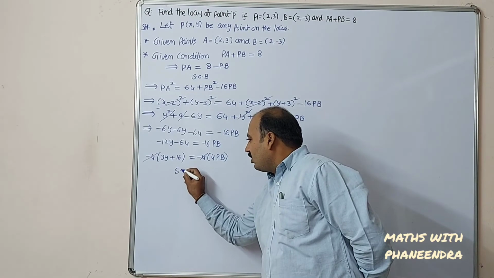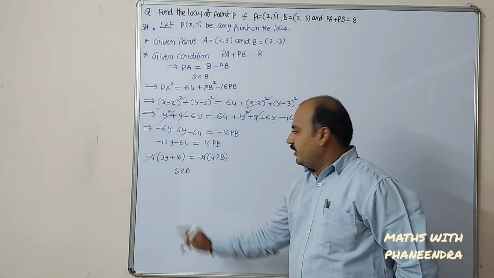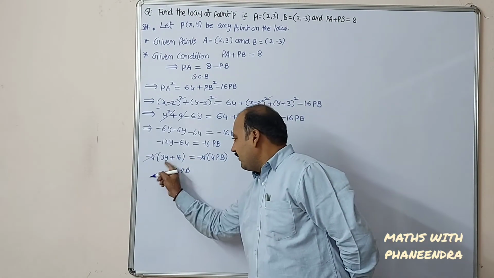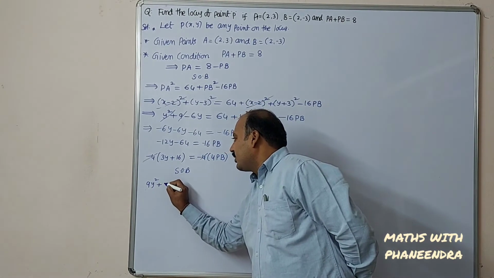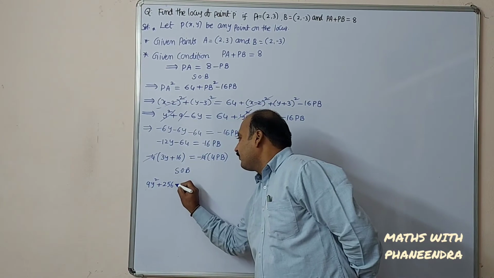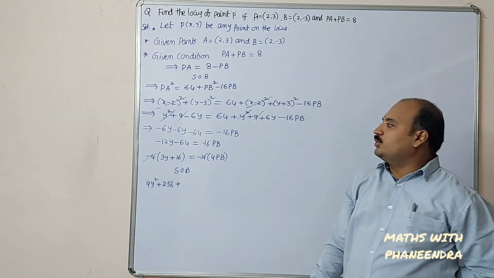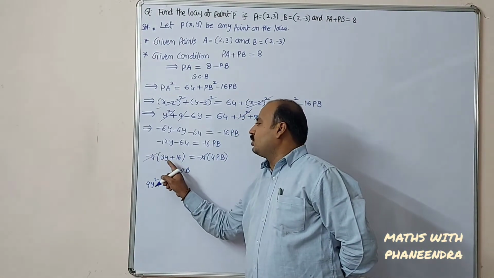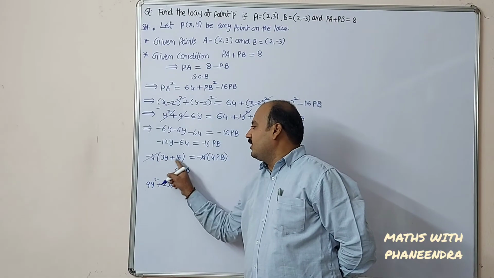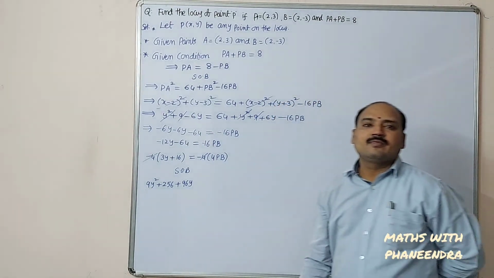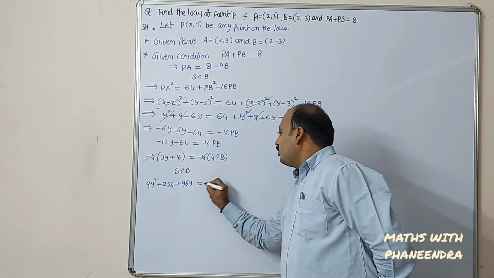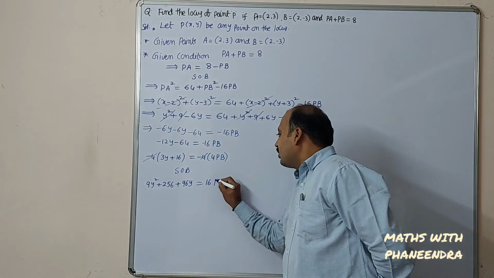After that, squaring on both sides, (a plus b) whole square formula. (3y plus 16) whole square: 3y whole square, 9y square, plus 16 square, 256, plus 2 into a into b, so 2 into 3y, 6y into 16, 96y, which is equal to 4 square, 16 PB square.